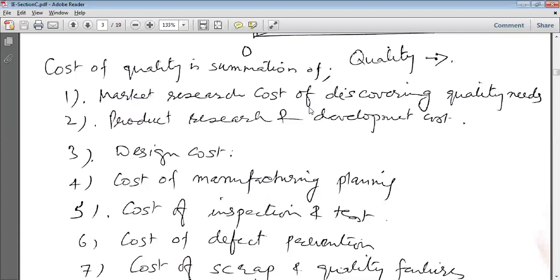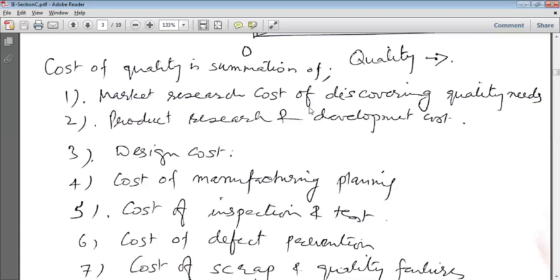So we design accordingly. Once we have designed the product, the cost invested is also a part of the summation. So this is also taken for the cost of quality. So this is also added up.